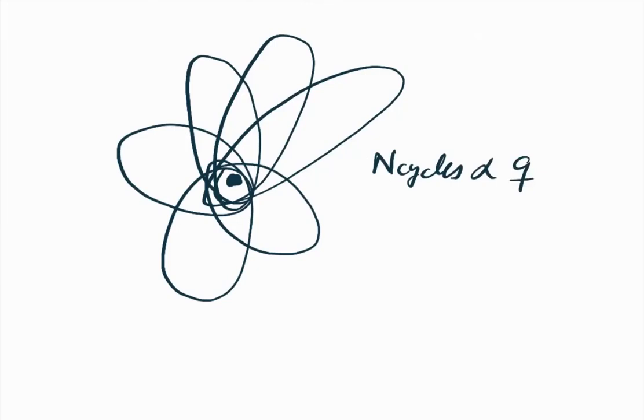So if your mass ratio is 10 to the 5, you are going to describe 10 to the 5, so 100,000 of these cycles until the small black hole plunges through the event horizon of the supermassive black hole.